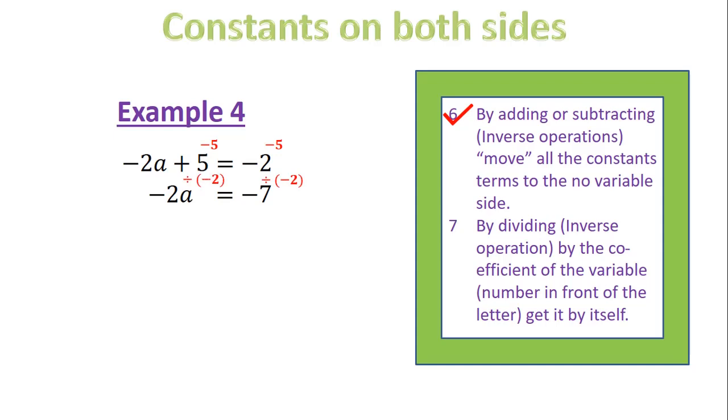On my left-hand side, negative 2a divided by negative 2 gives me just a, and that equals negative 7 divided by negative 2, and negative divided by negative gives me a positive 7 over 2. Alright, step 7, done, and therefore a equals 7 over 2 is my final answer. Remember, you can have a fraction as an answer. Not often, but it can happen.